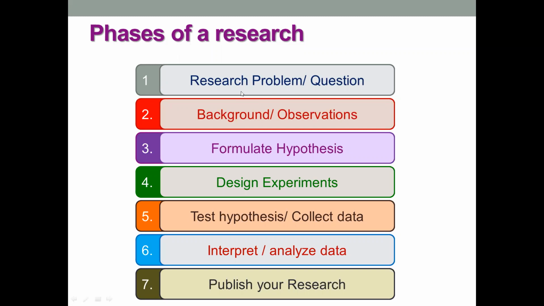This question can be your daily life question or some theoretical question. Then once you find a problem that you need to address, you check the background. How do you check this background? You go to the library or the internet, refer to books, journal articles, anything that has been published on this problem.